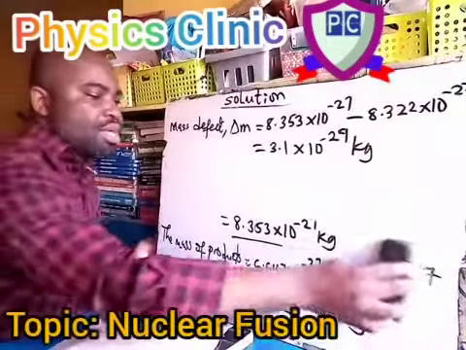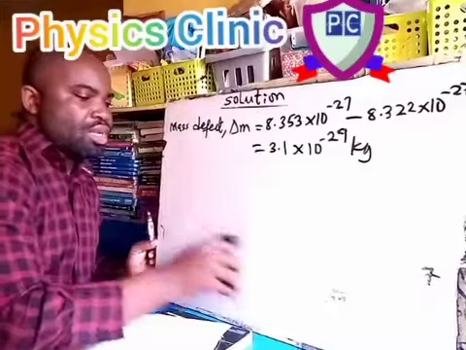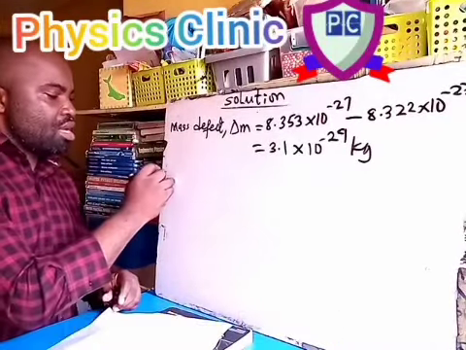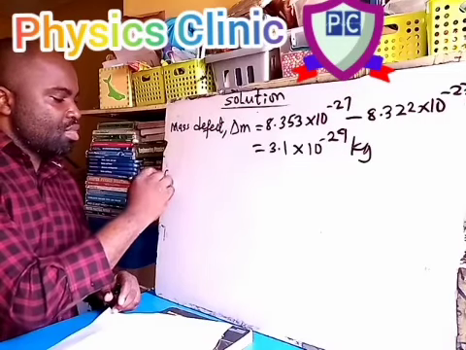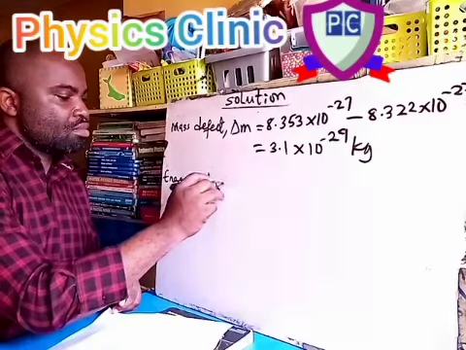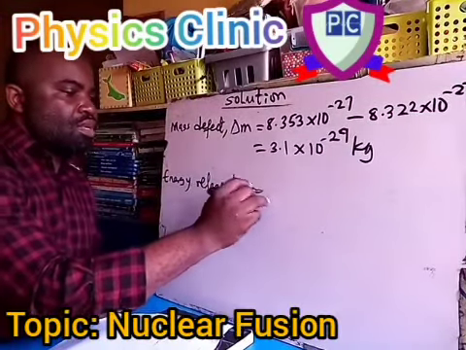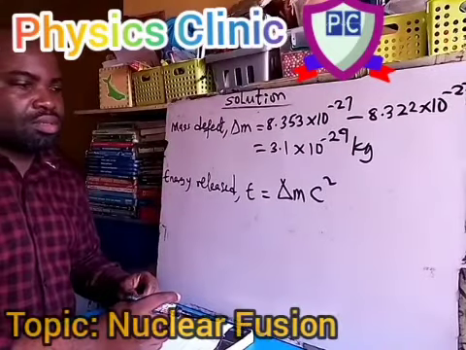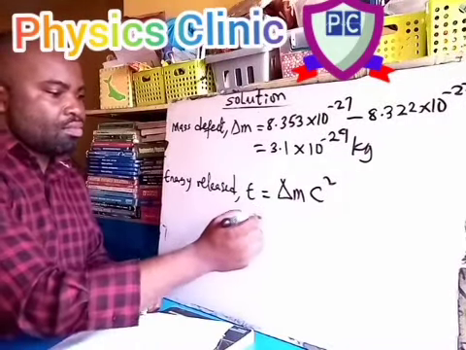So now that we know the mass defect, we are going to use the Einstein mass energy equation to calculate the energy released. The equation is energy released is equal to change in mass times the speed of light squared.